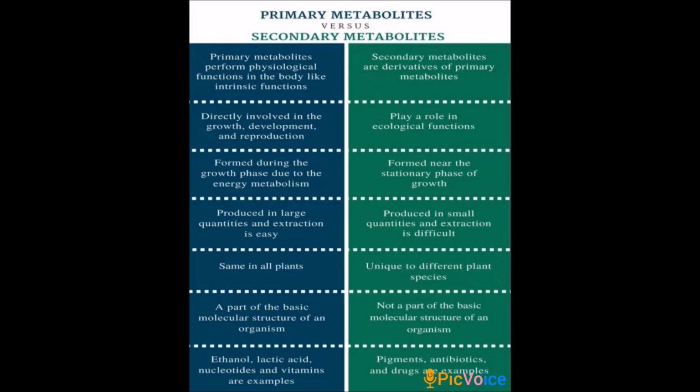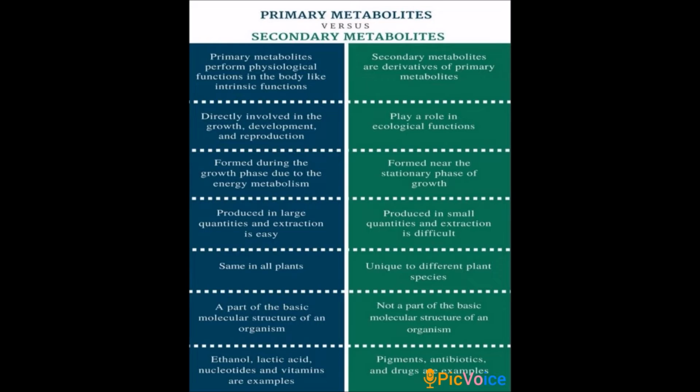Next, primary metabolites are formed during the growth phase due to energy metabolism. During the growth phase, from a young plant to a fully grown tree, from a baby to an adult, only the primary metabolites will be secreted.